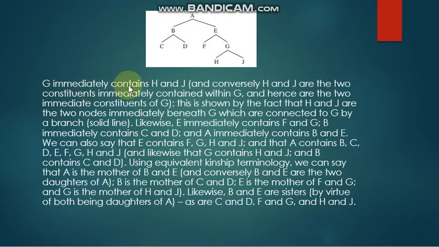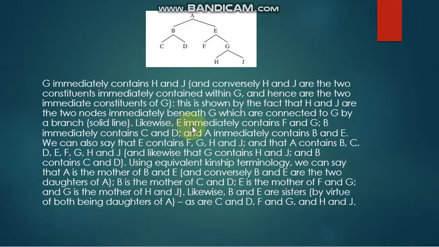G immediately contains H and J, and conversely, H and J are the two constituents immediately contained within G, and hence are the two immediate constituents of G. This is shown by the fact that H and J are the two nodes immediately beneath G, which are connected to G by a branch, a solid line.